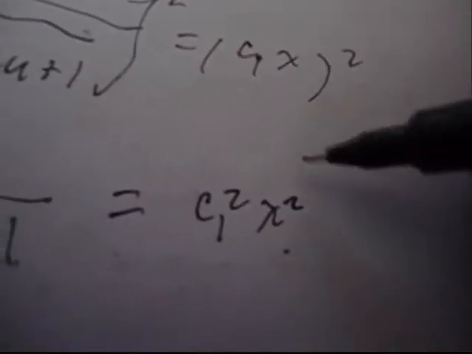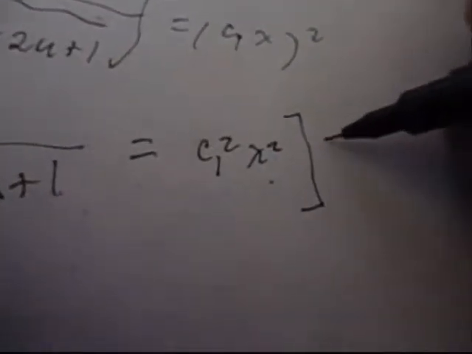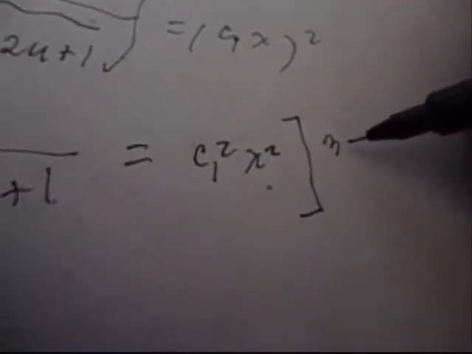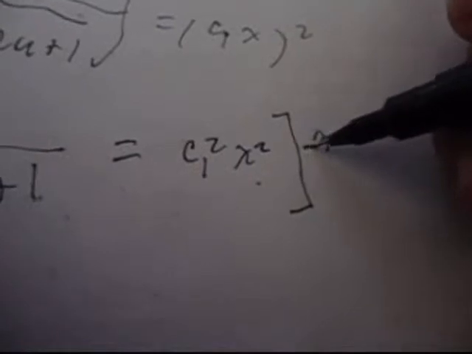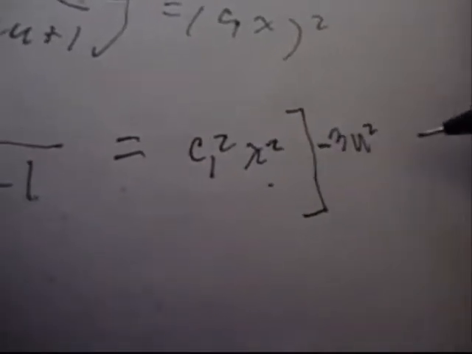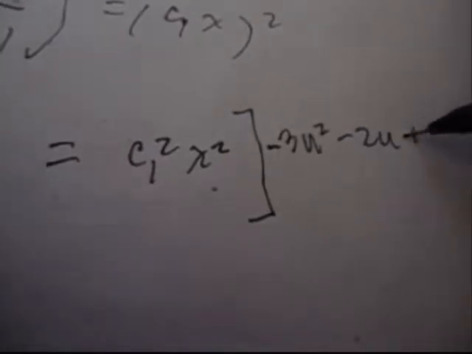Yes. Then at this moment we can multiply both sides by negative 3u squared minus 2u plus 1.